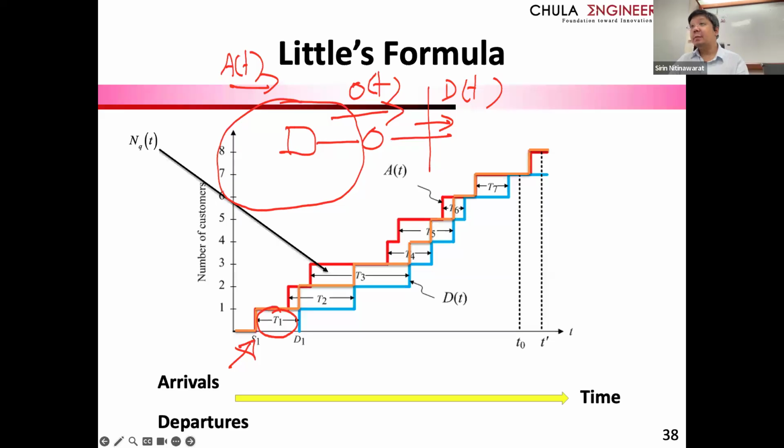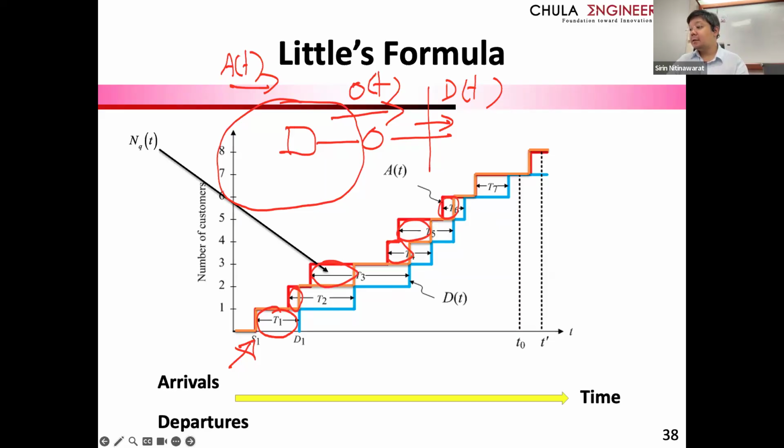For the subsequent customers, when they arrive and there's already someone in the system, first they have to wait. That's the area between the red and the orange curve.